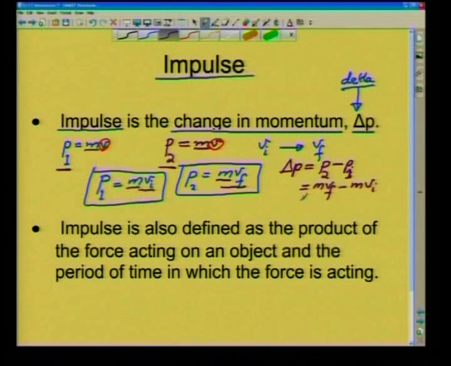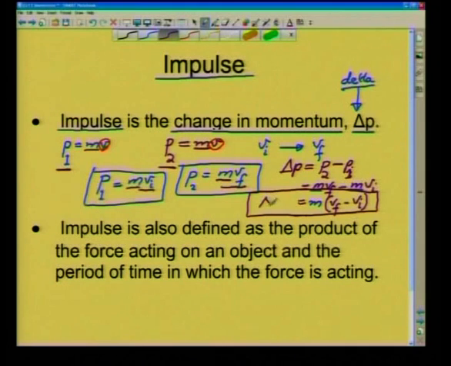All right? And because M happens to be a common factor here, I can factorize it out. So M comes out, okay? When M comes out, I'll be left with V final minus V initial. So this gives me change in momentum. So change in momentum is M into final velocity minus initial velocity.